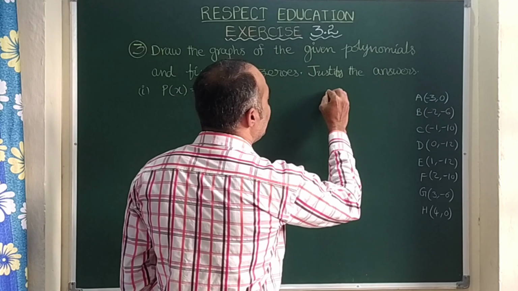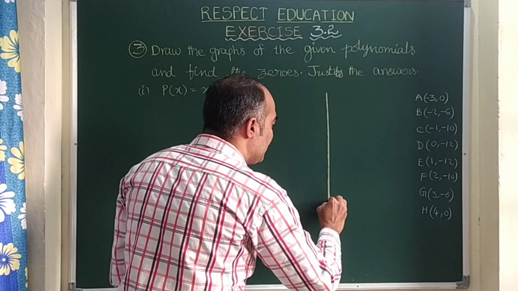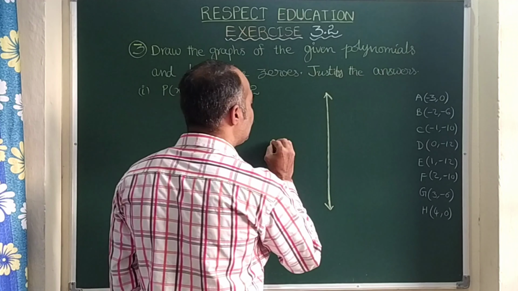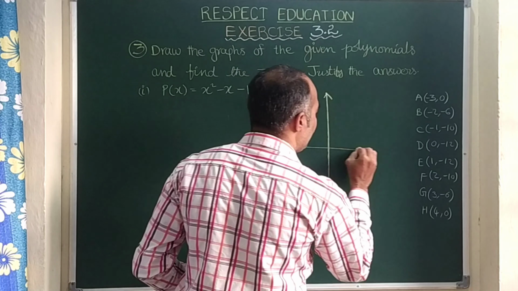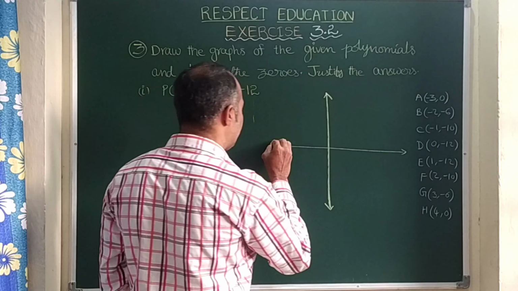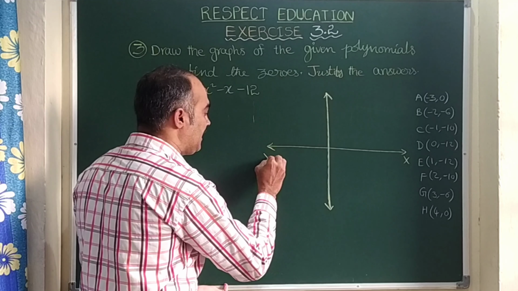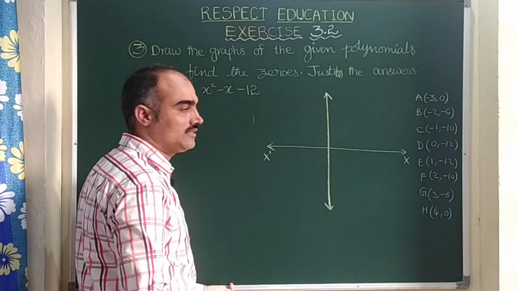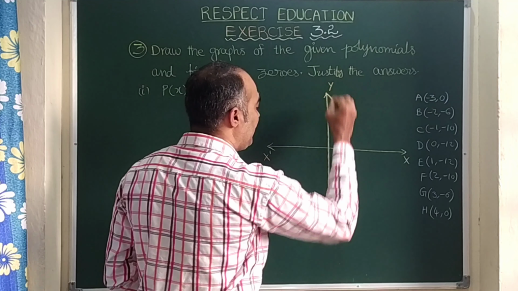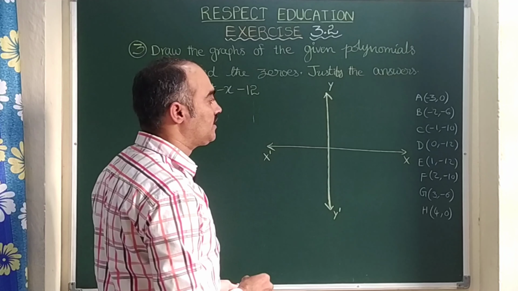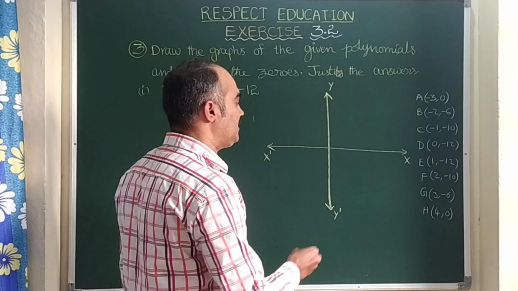So in the graph paper, you know, the coordinate axes: this is the y axis, this is the x axis. So we write this as x, this is negative x, or we can call it x dash. This is y, negative y or y dash. Now first let us plot the points.